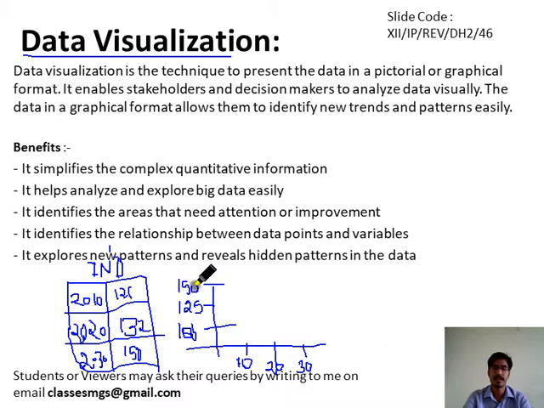In 2010 it was 121, so it will start from here. In 2020 it was 132, it would be something here, about 130. So this graph will look like this.